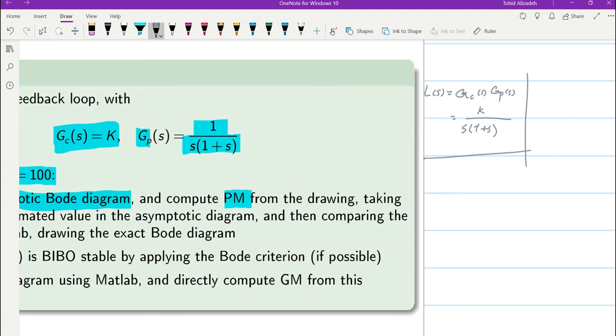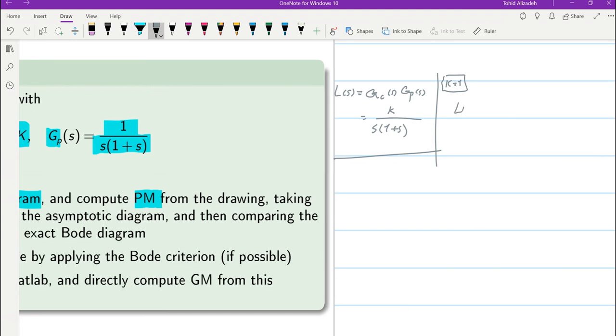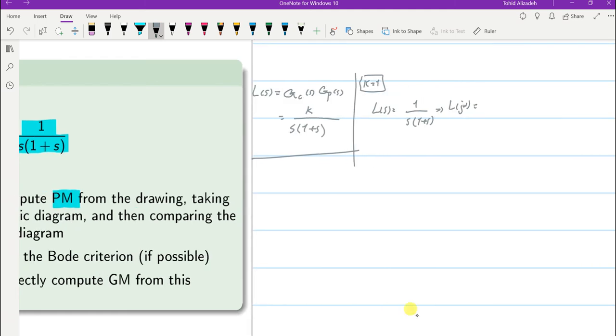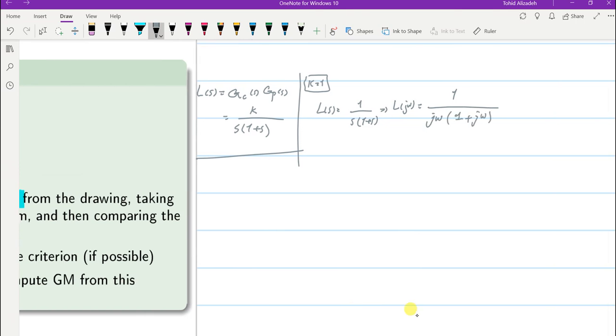If we consider K equal to 1 for the first case, we will have L(s) equal to 1 over s times (1 plus s), and therefore L(j omega) will be equal to 1 over j omega times (1 plus j omega). And we can decompose this into 1 over j omega times 1 over (1 plus j omega). Now we can start to draw the Bode plot for this system.